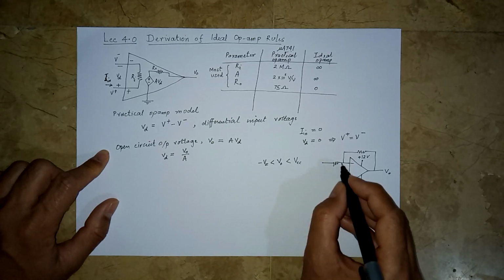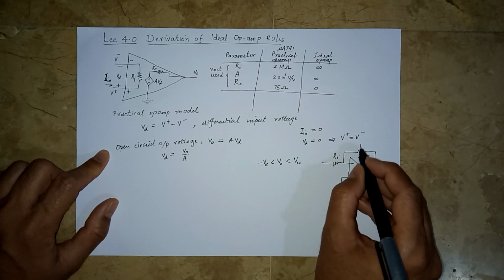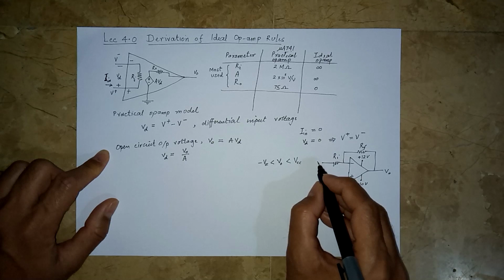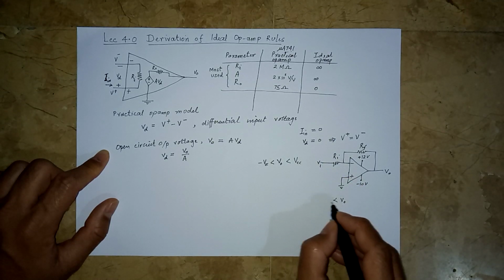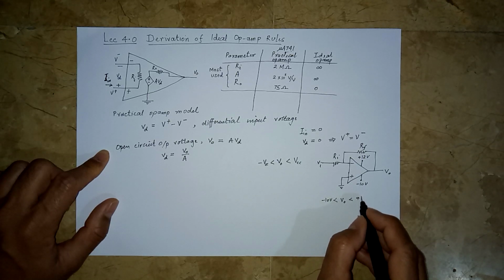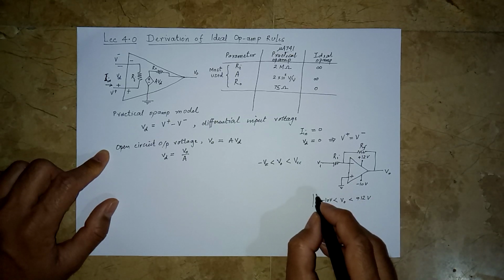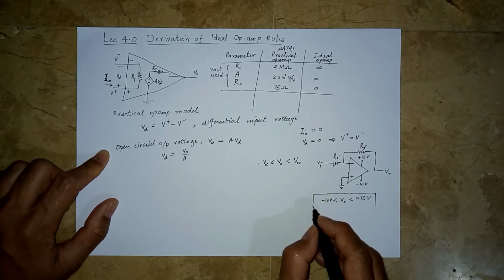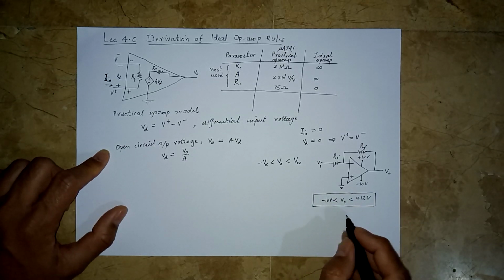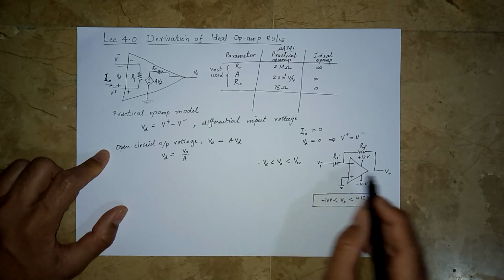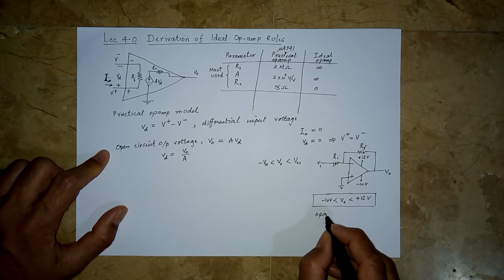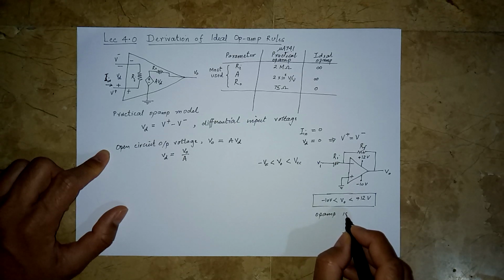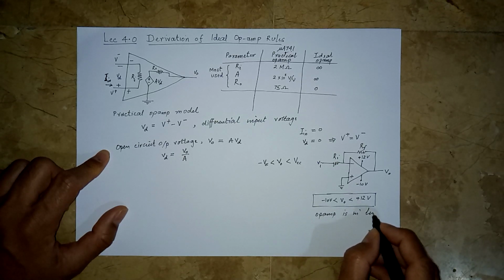Then VO in this configuration, whatever Ri and Rf is, VO must be between minus 10 volts and plus 12 volts. This is a limitation of the op-amp. Whenever there is such Vi that VO is within this range, we say the op-amp is in linear region.